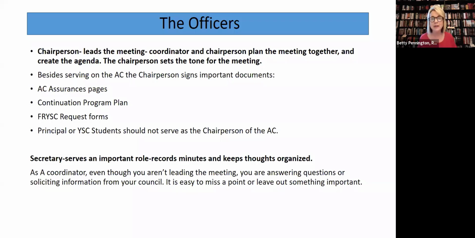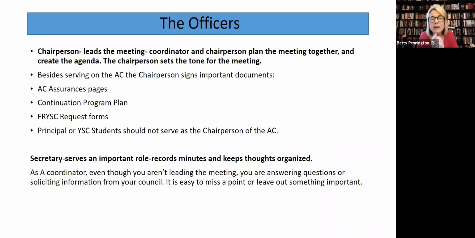So officers, your bylaws let you know what officers you're going to have on your council. A chairperson is required. That person leads the meeting. The coordinator and the chairperson would need to meet before the actual advisory council meeting to talk about the agenda and what's going to be on it. That chairperson sets the tone for your meeting, so it's important to have someone upbeat with a positive attitude when conducting business.